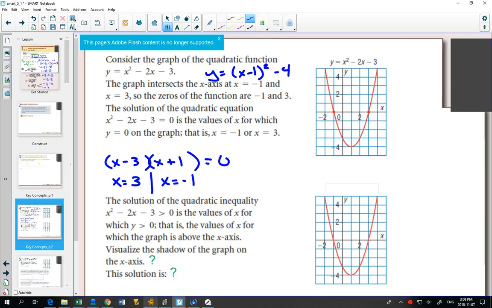Can you see that that would be a parabola with a vertex at 1, negative 4? It would go over 1, over 1, up 3, just like our graphing unit. And in particular, we have x-intercepts at 3 and negative 1.